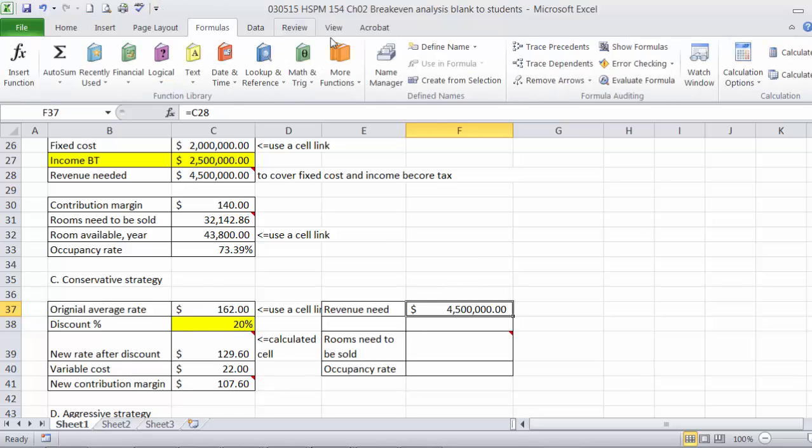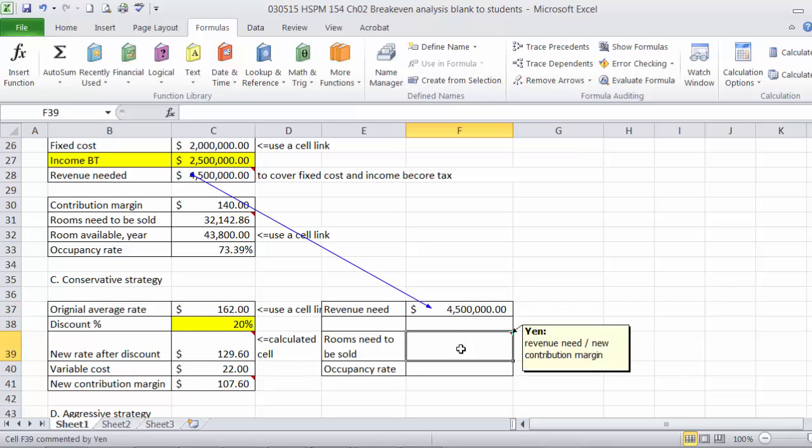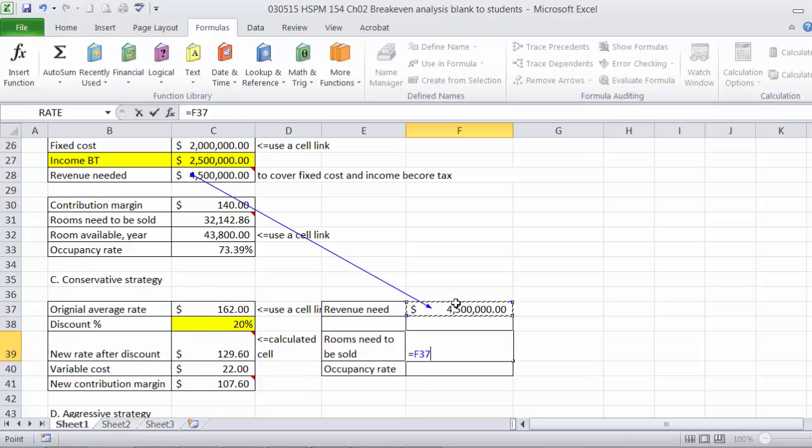You can use formulas, then trace that. We take that to here. So how many rooms do we need to sell? That would be our new break-even point. All right, that's how many rooms we need to sell.